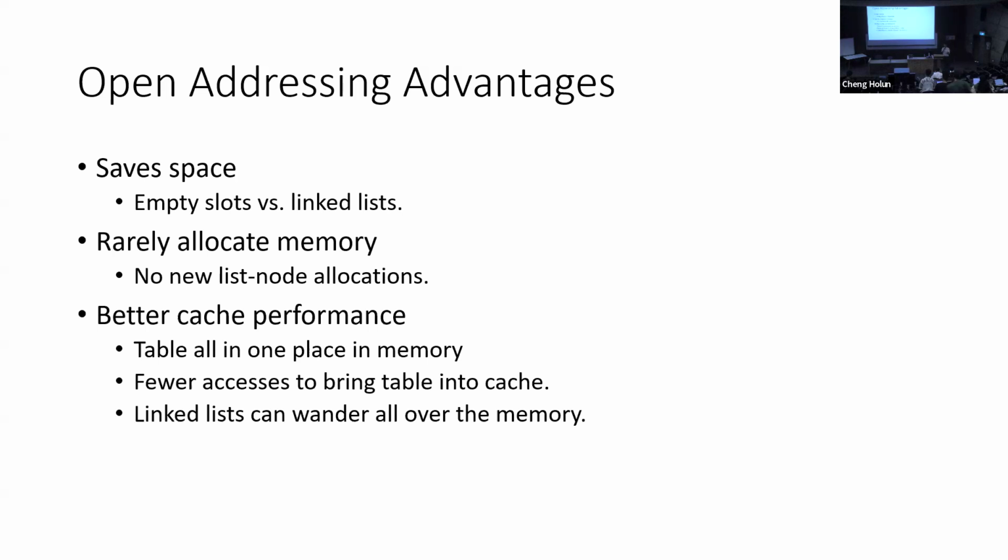If the memory is everywhere, from the CPU I need to go to the RAM, get the memory, go to the RAM, get the memory. But with probing, I look at a chunk of memory, say the nearby 10 slots, and I can put those 10 slots in my cache. Then I can look them up in my cache for the next 10 collisions without going to the RAM again. So the caching performance is a lot better than other memory models.